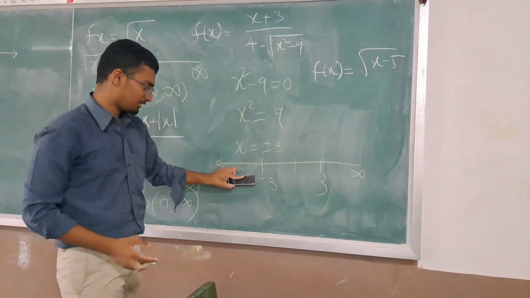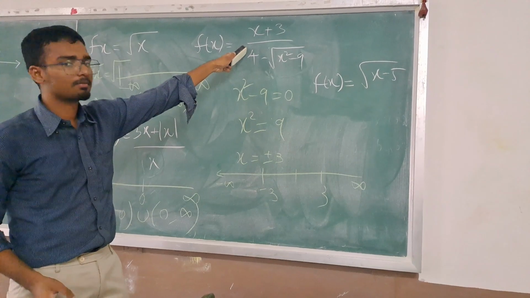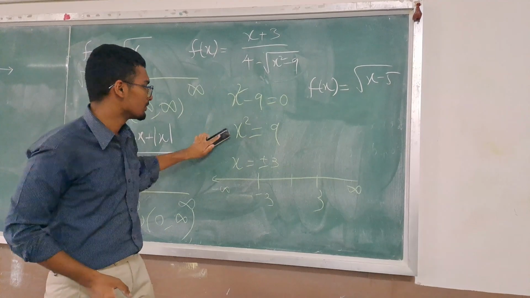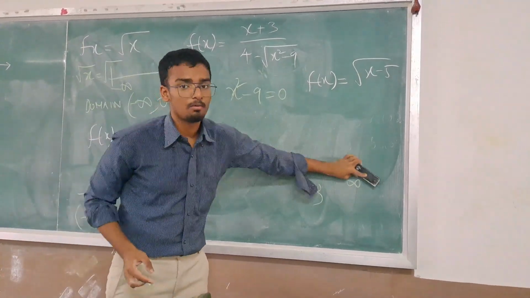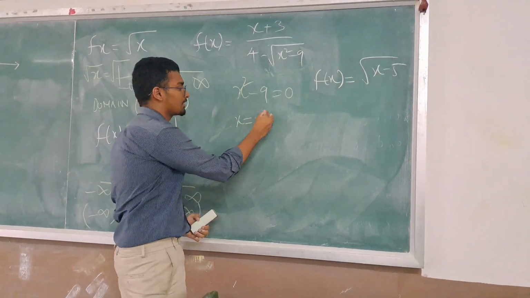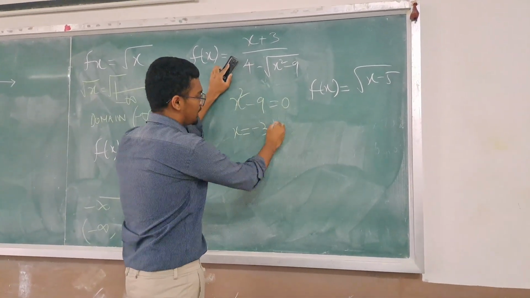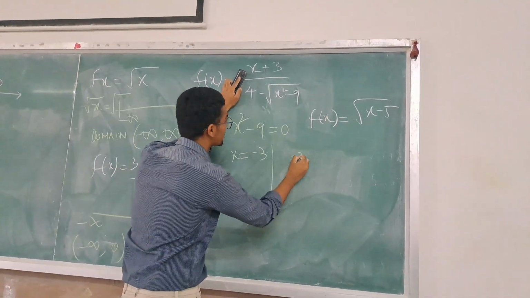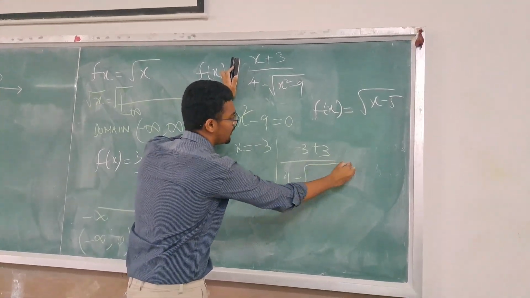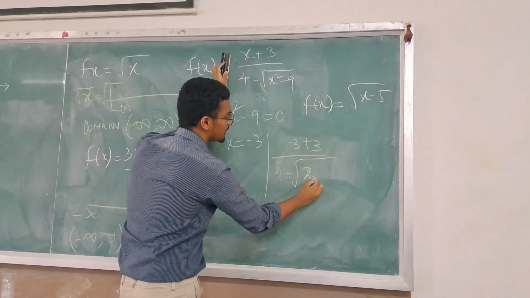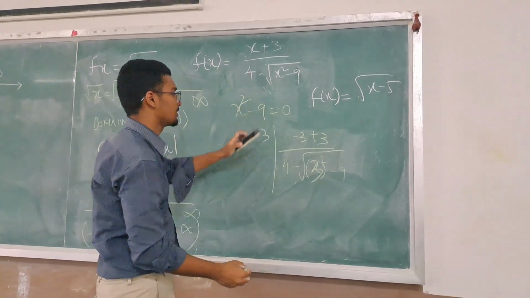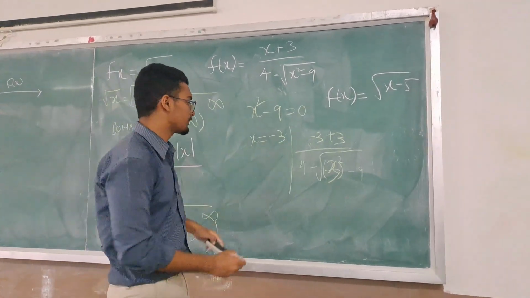Substituting minus 3 in this value, x plus 3 by 4 minus root of x square minus 9. Taking the x value as minus 3, the numerator, minus 3 plus 3, will become 0.